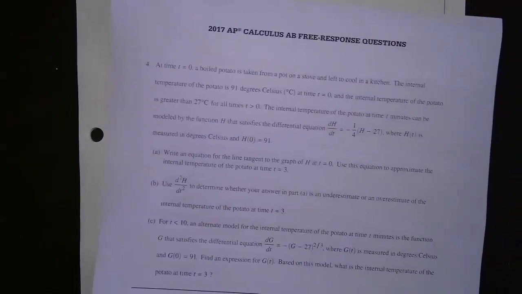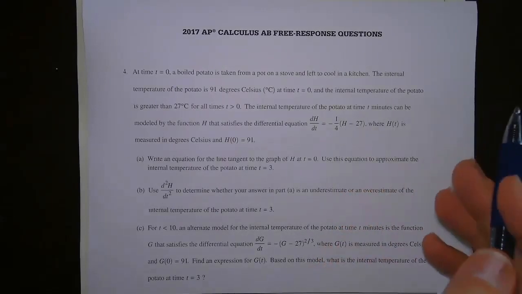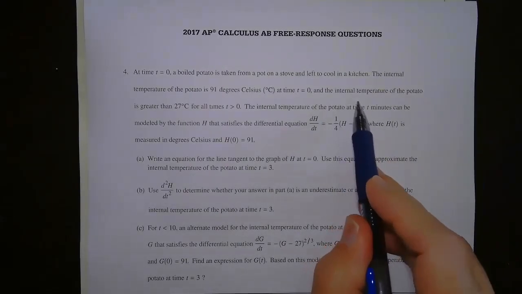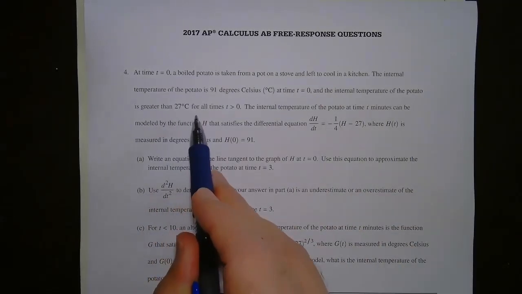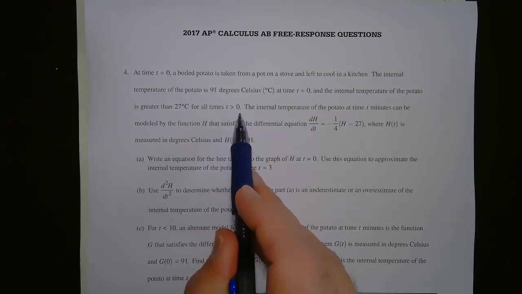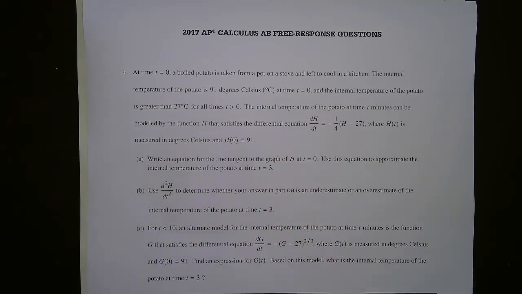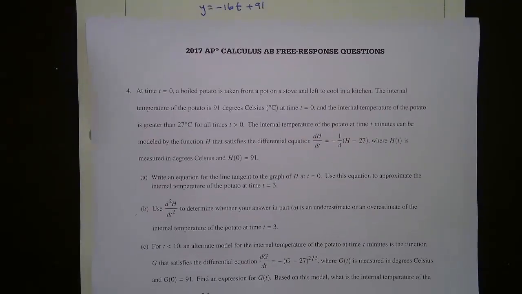Let's go back, and what did they tell us at the very beginning? And this is where you need this piece: the internal temperature of the potato is greater than 27 degrees Celsius for all times t greater than 0. So for all times, h is above 27 degrees Celsius.